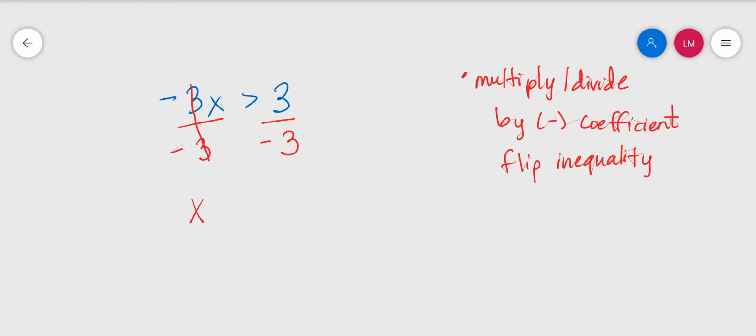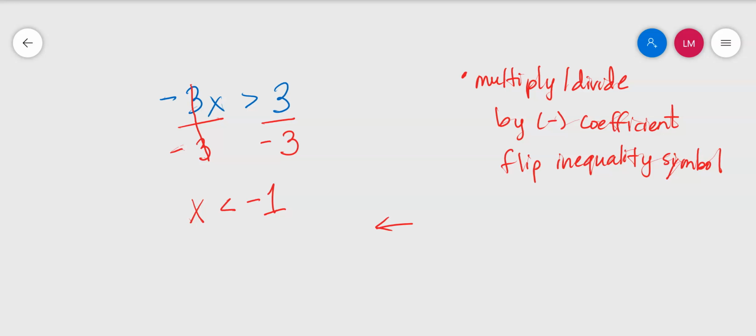Okay, so in this, I'll put the inequality symbol. All right, so because we first had a greater than facing toward it, we're going to face it away. And then we say 3 divided by negative 3 is negative 1. So remember, multiplication and division, and it's a negative. Whether you multiply or divide by a negative, you have to flip the direction.